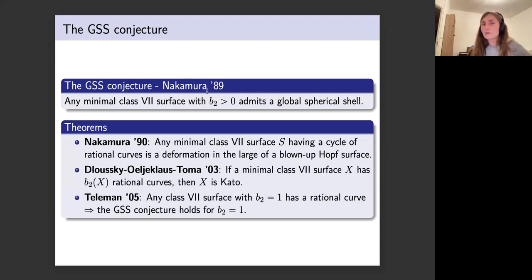So there are many different classification results, knowing that you have many rational curves which stay in different configurations, then we know it's a Kato manifold. In general, we don't know. But here you just ask for b2 rational curves. But they will not be disjoint. The one main remark is that, since these are non-algebraic surfaces, it's very hard to know if they even have any curves in general.